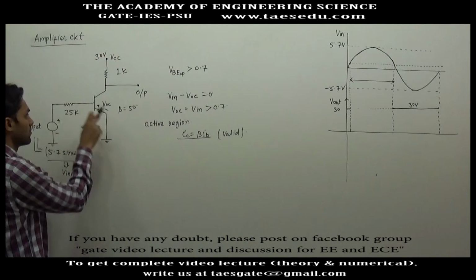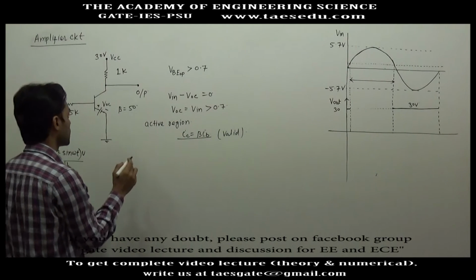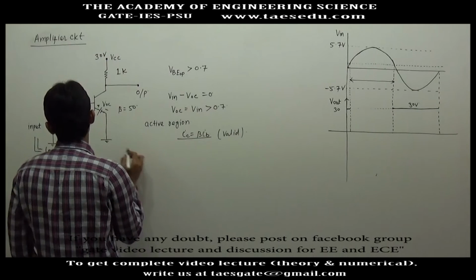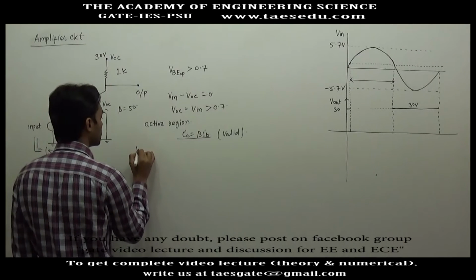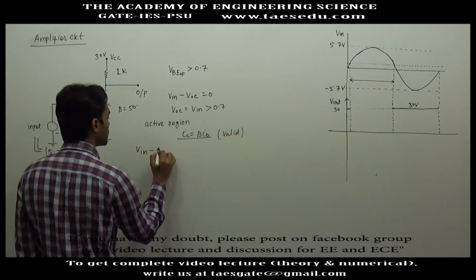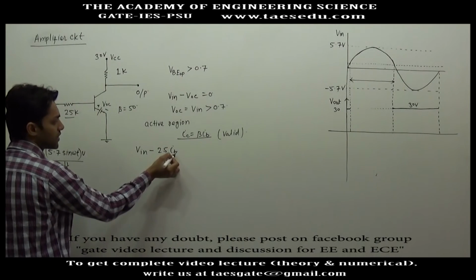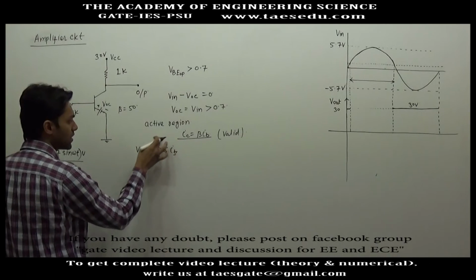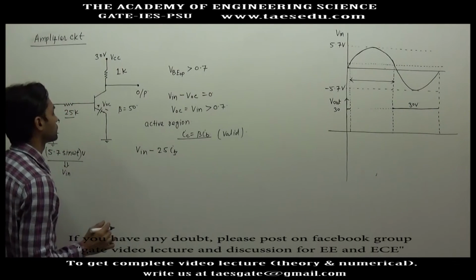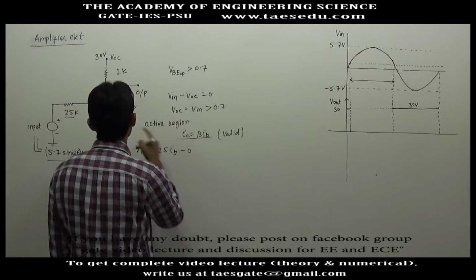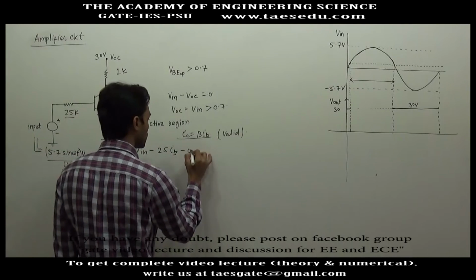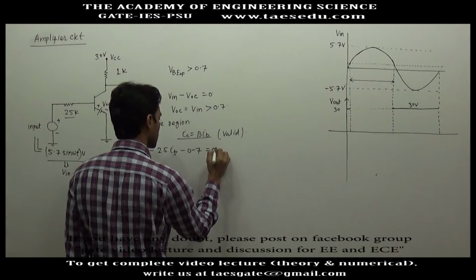So in this loop, we will first find out IB. Here we will have a gain of V input minus 25 into IB. This is in kilo ohm, so we will take IB in milliampere to make it a unit of volt. Minus, here we will have a drop of 0.7 volt equal to 0.